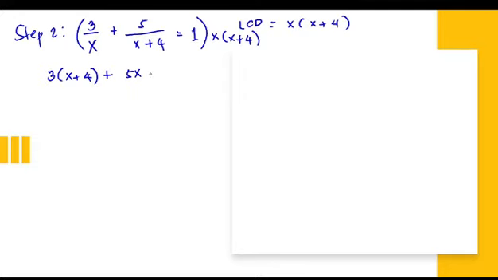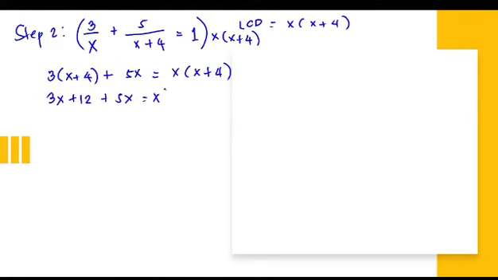That is 5x equal to, so wala naman itong denominator. So, multiply lang natin yung x times x plus 4. So, that is x times x plus 4. Then we simplify using the distributive property. Distribute na lang. This is 3x plus 12 plus 5x equal to this one.